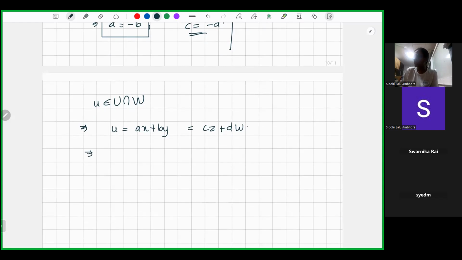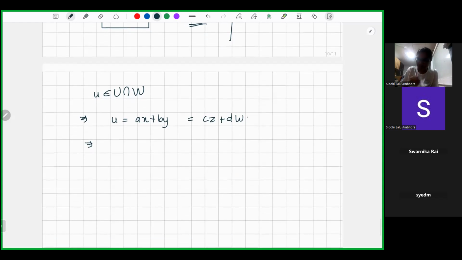So this will give me A plus B, A, B, 0. This is because it is in the intersection. U is some AX plus BY and U is also some CZ plus DW, and this was 0, C, D, C plus D.